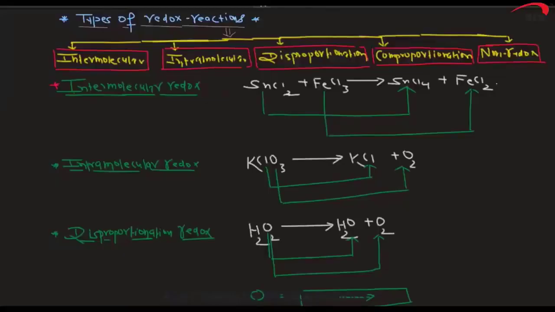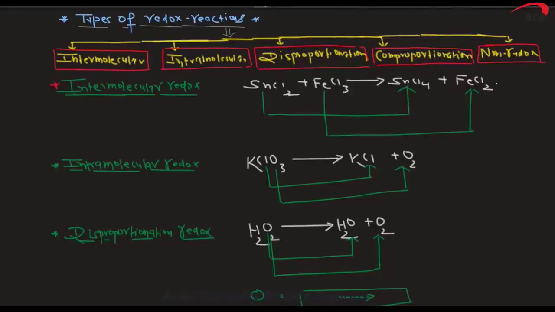There are various types of redox reactions which are included. We can classify them into different parts. The very first, if you'll see, I have written intermolecular redox reaction. On the other side, I have written intramolecular redox reaction.